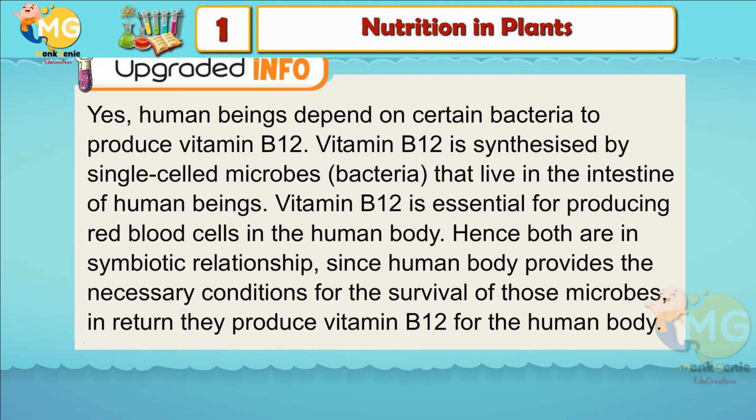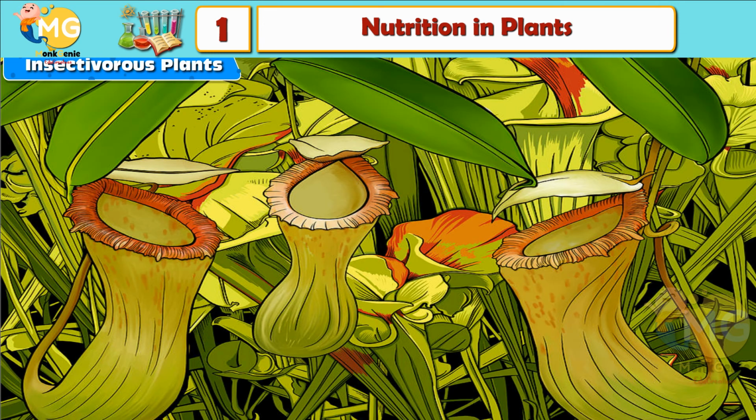Vitamin B12 is essential for producing red blood cells in the human body. Both are in a symbiotic relationship, since the human body provides the necessary conditions for the survival of those microbes. In return, they produce vitamin B12 for the human body.